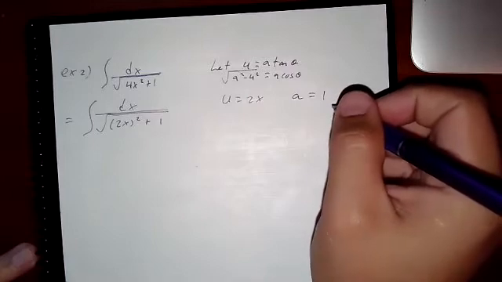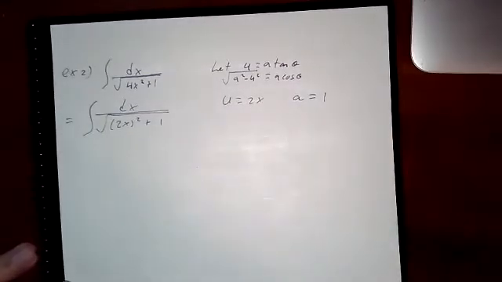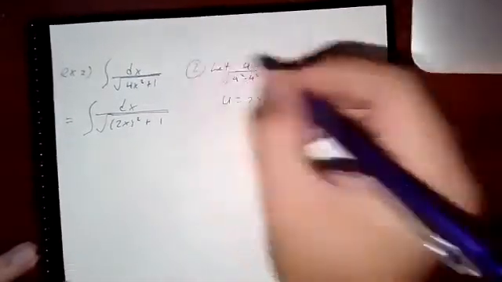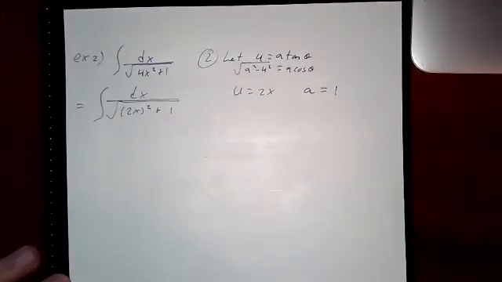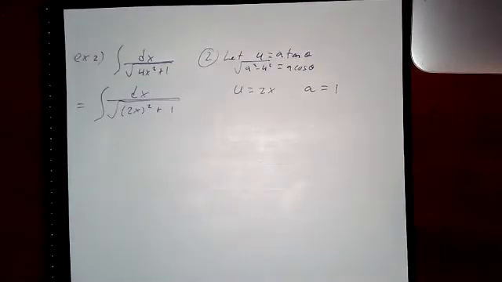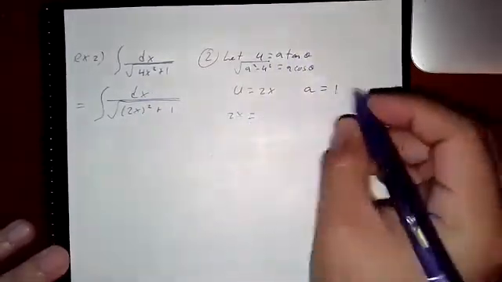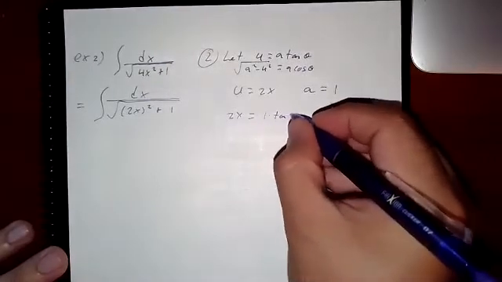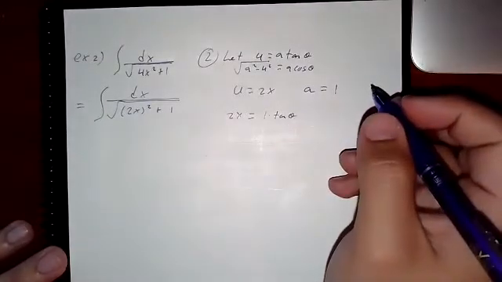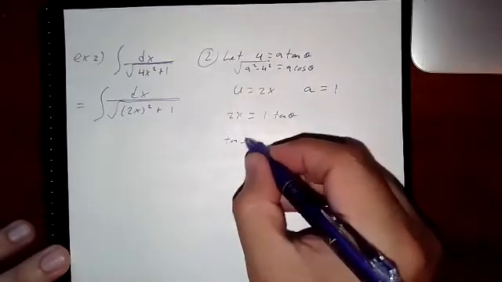So are we doing the first one or the second one? The second, number 2. So I'm using 2 from the notes right here. Now we can say that u, which is 2x, is equal to a tangent, which is 1 times tangent theta, which implies that tangent theta is equal to 2x.